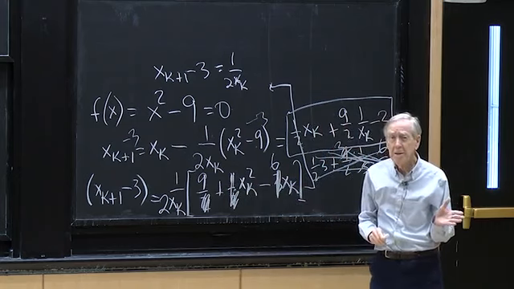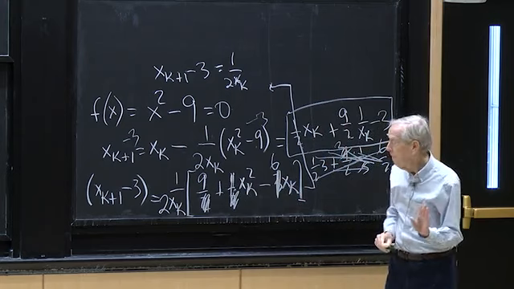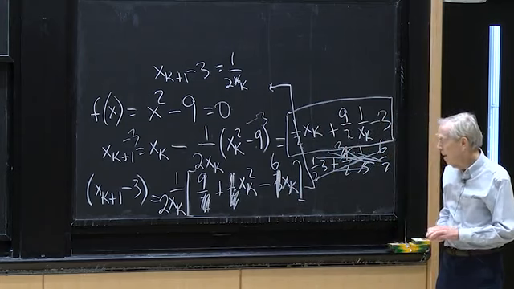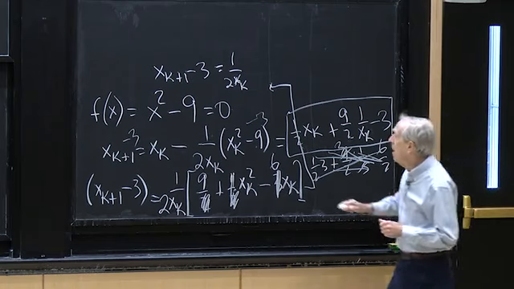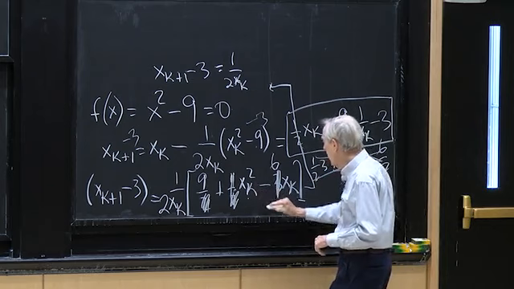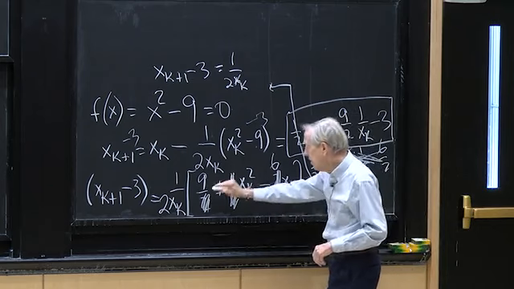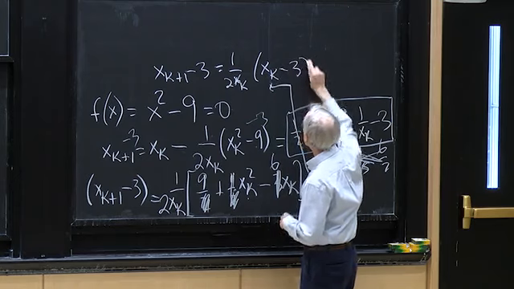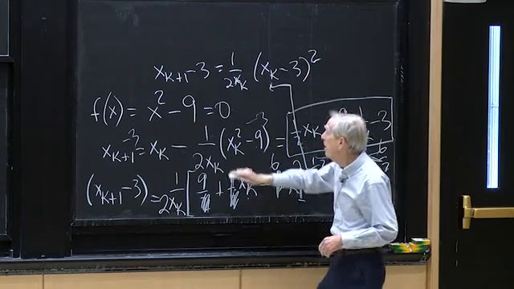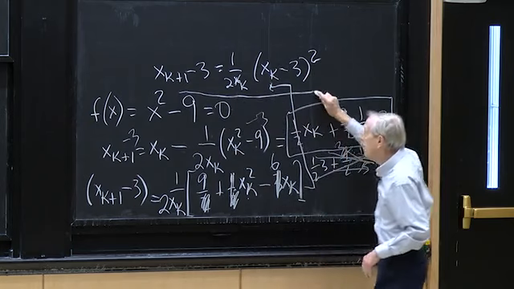And we recognize that as xk minus 3 squared. Xk squared minus 6 of them plus 9, that's xk minus 3 squared. Okay, that was the goal, of course.